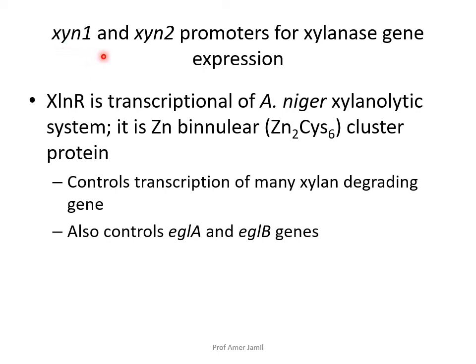And there are two promoters, XYN1 and XYN2, for xylanase gene expression. And XLNR is a transcriptional repressor of the Aspergillus niger xylanolytic system. So Aspergillus niger is also a fungus which produces these xylanases.